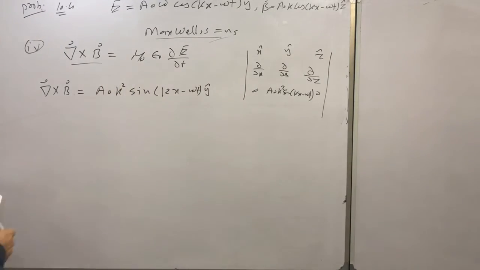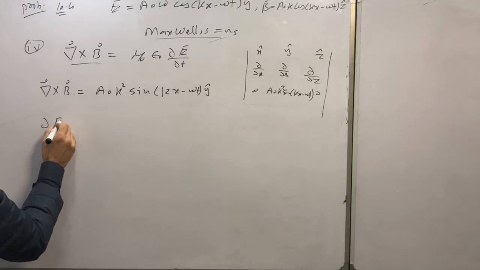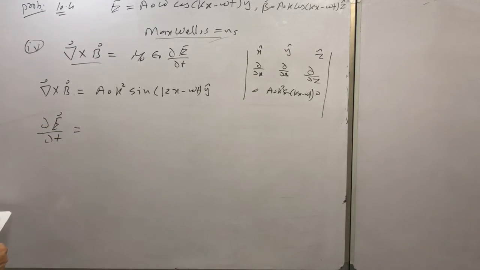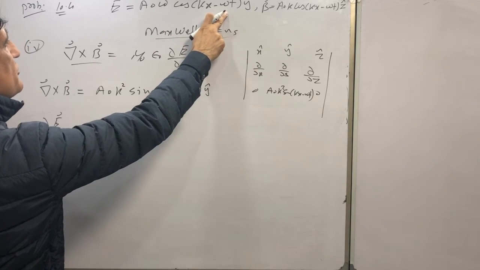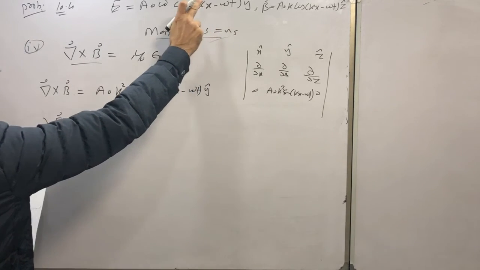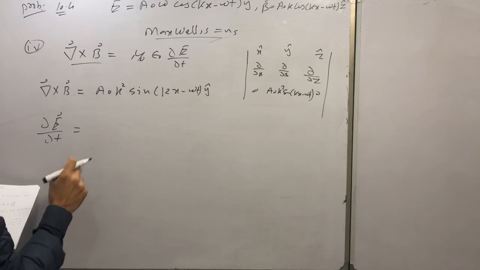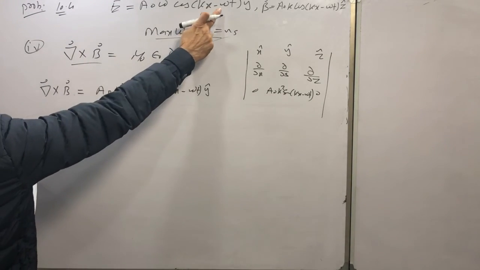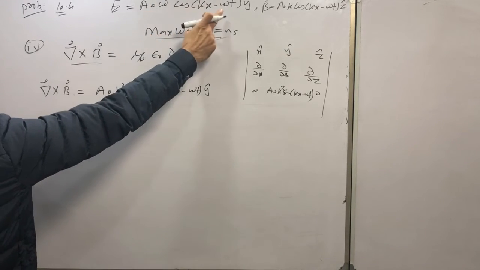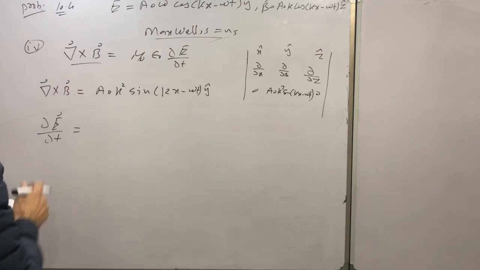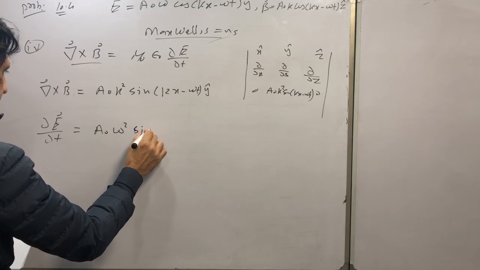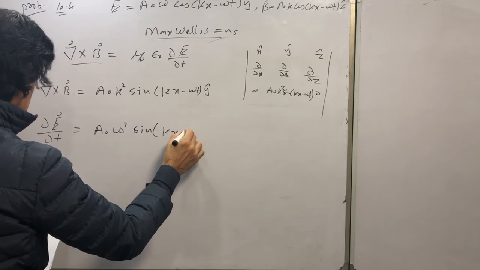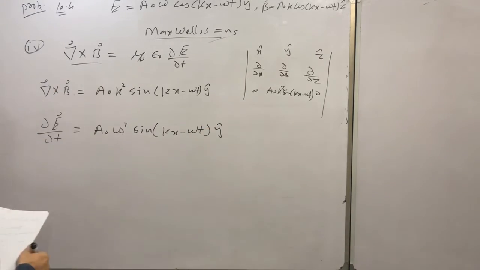Now consider the right hand side. In the right hand side, I can consider partial E divided by partial t here. So differentiate this with respect to t, then we can have, if I write down this directly, because this is with respect to t, we have a minus sign, and a minus sign is here, then it's plus, and this converts to the sine, and a naught omega square sine of kx minus omega t in the y component.